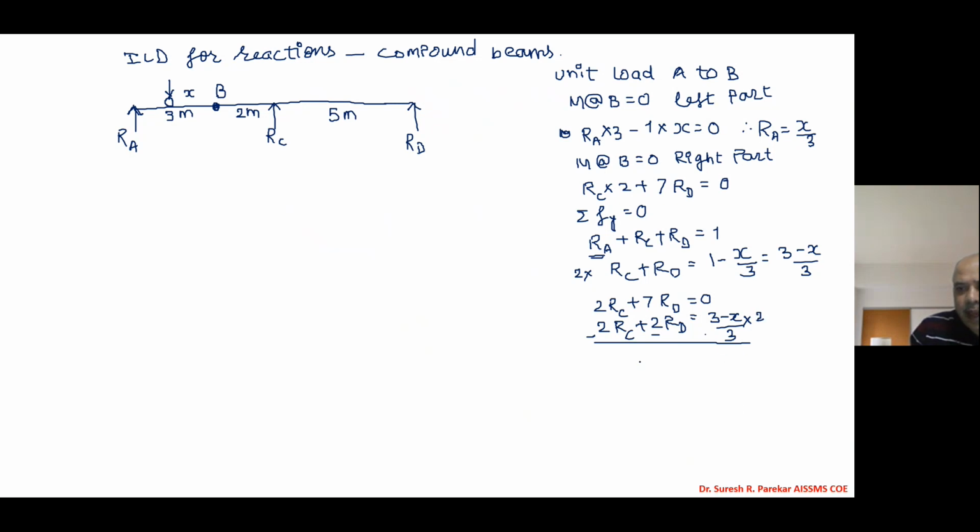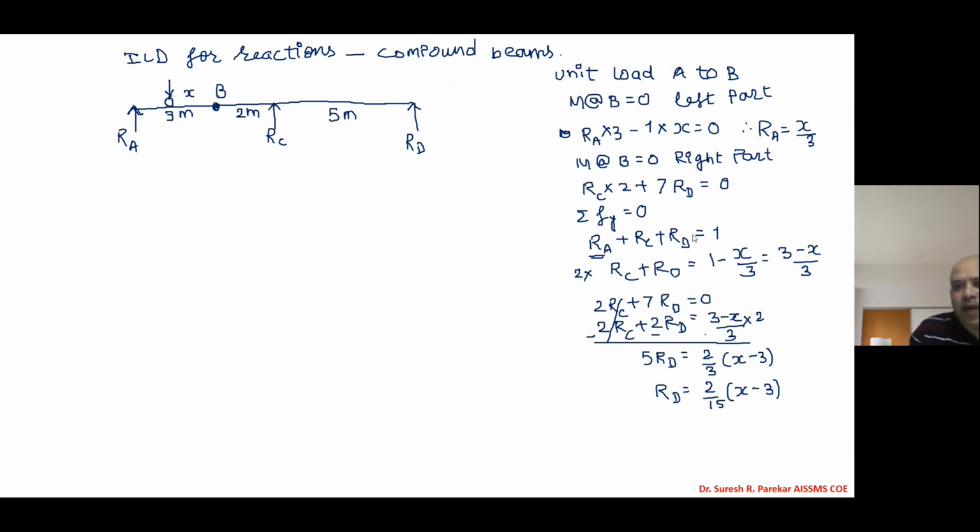Then if we solve this, RC gets cancelled, and we have 5RD equal to, we can take 2 by 3 outside, and then we have (x minus 3). Then RD is 2 by 15 in bracket (x minus 3).